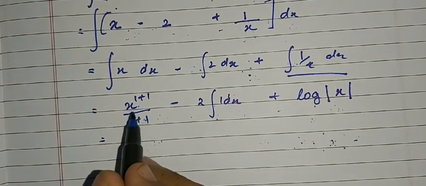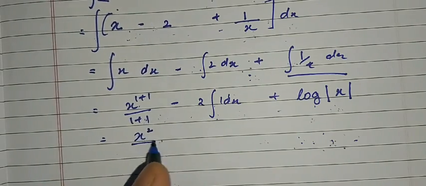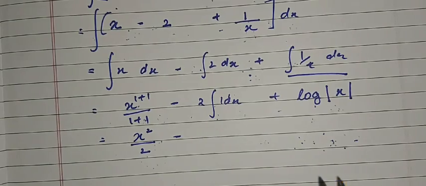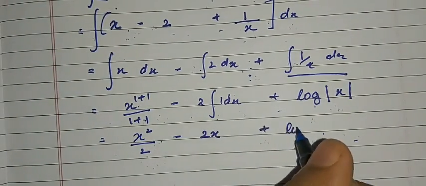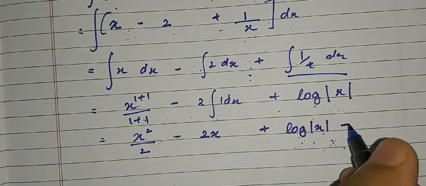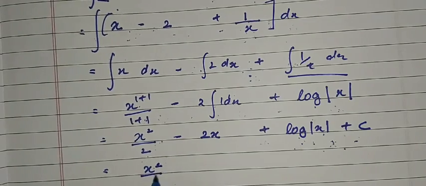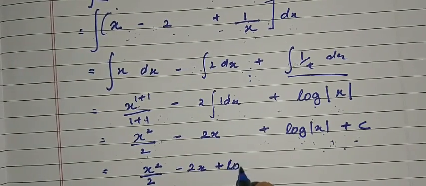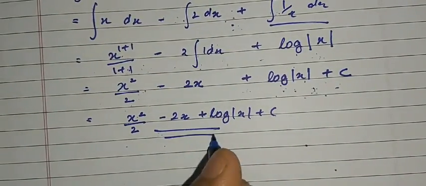Now x raised to 1 plus 1 gives x raised to 2 by 2. Here 1 dx, what is integral of 1 dx, guys? It's x. So 2x plus log mod x, and here comes our c. So we get the answer as x square by 2 minus 2x plus log mod x plus c.